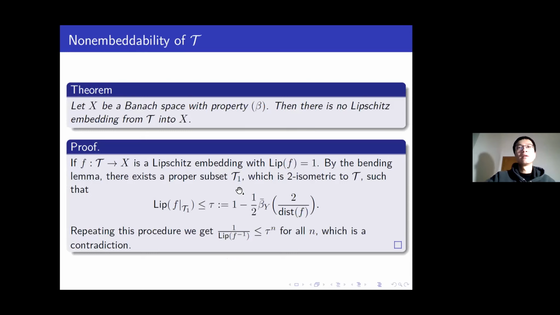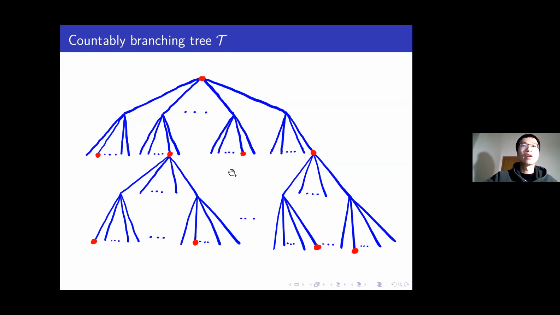If you have a Lipschitz embedding from the tree into X, let's forget about these words and take a look at this picture again. If you have a Lipschitz embedding from this tree T into a space with property beta, then you look at the first 2 levels of the countably branching tree. Okay, so this is the root.